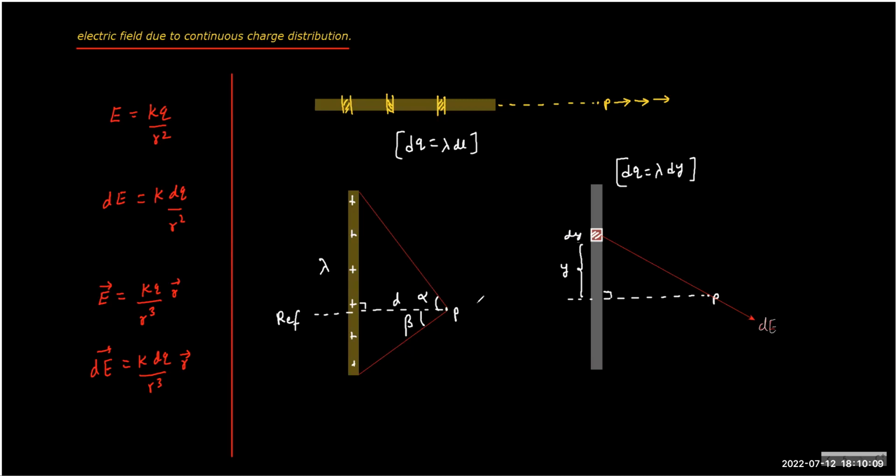Now, can you tell me, as you move away from the reference, upside or downside, will the direction of the electric field due to every element be the same or different? Is every element going to contribute in the same direction or in a different direction?